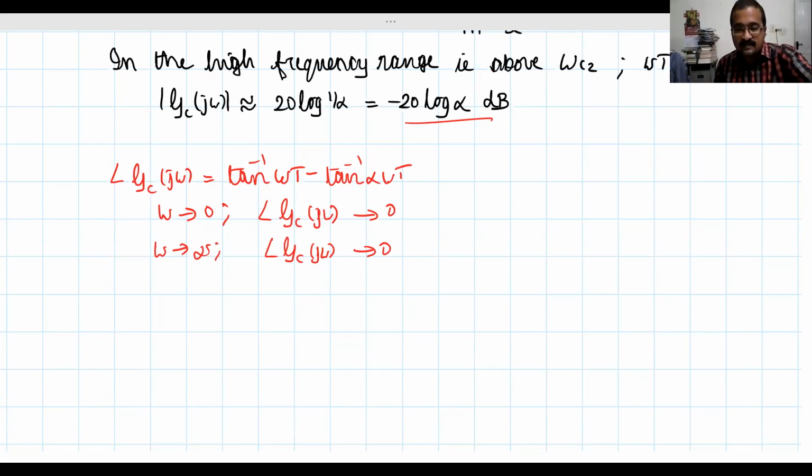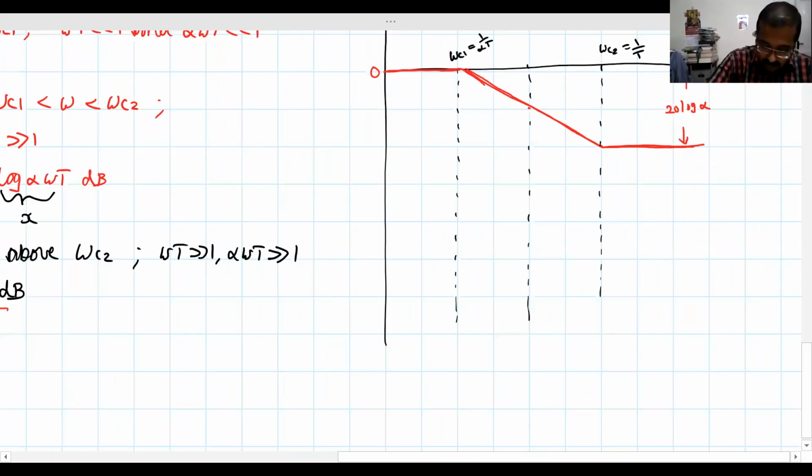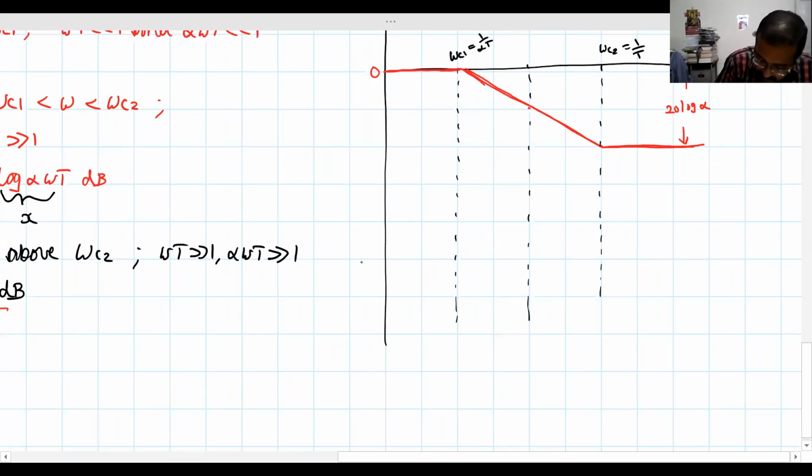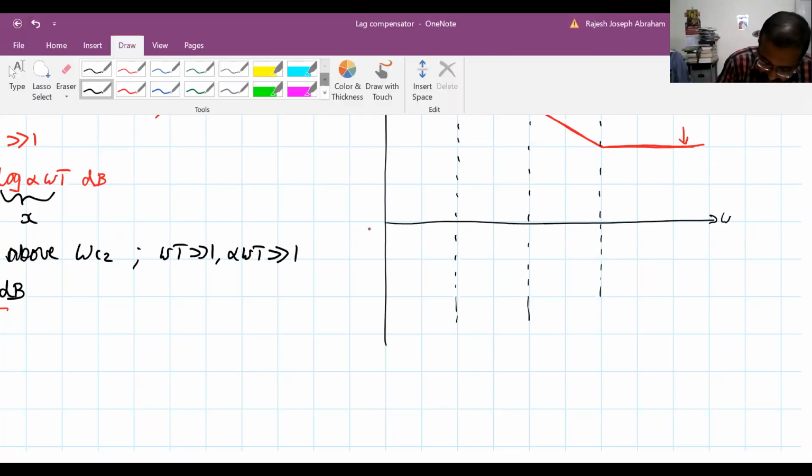So I will draw the Bode angle plot. So this is omega, and this is 0.